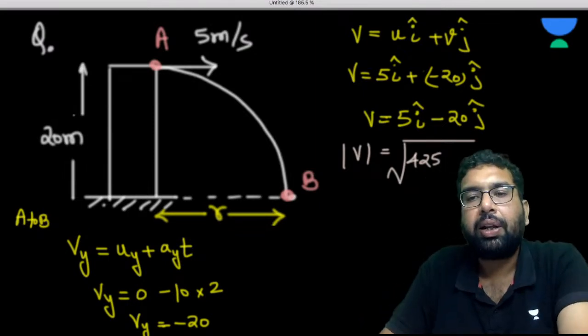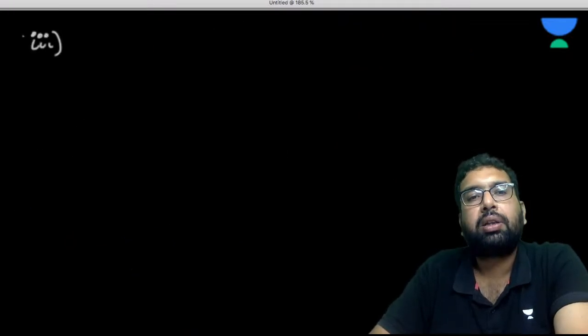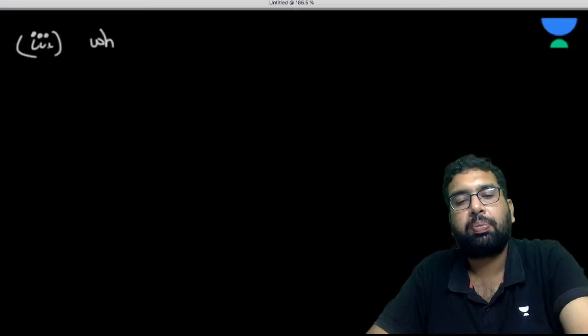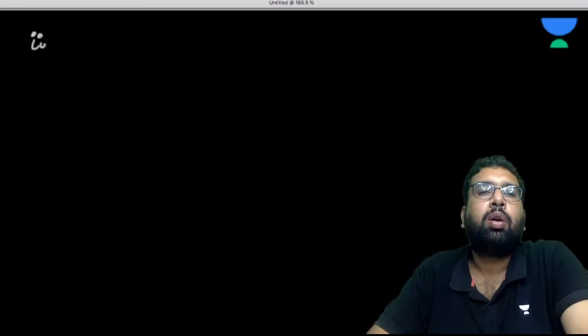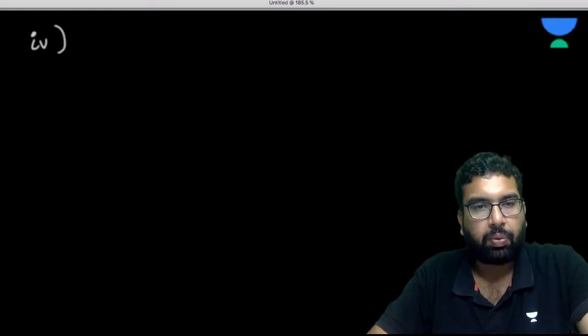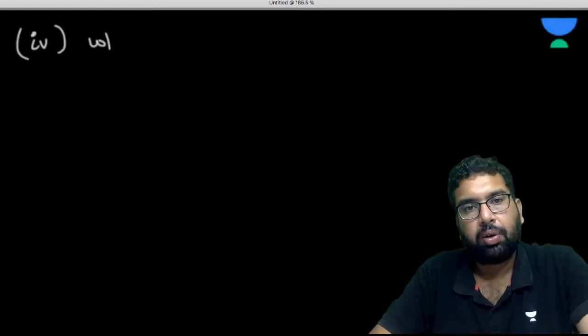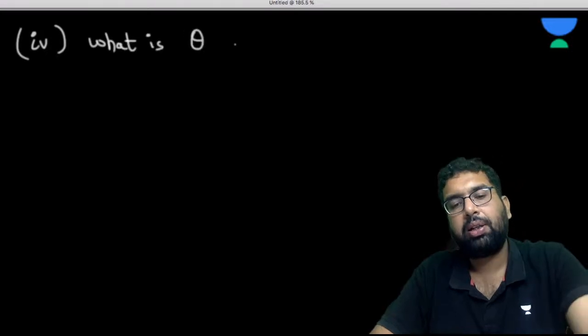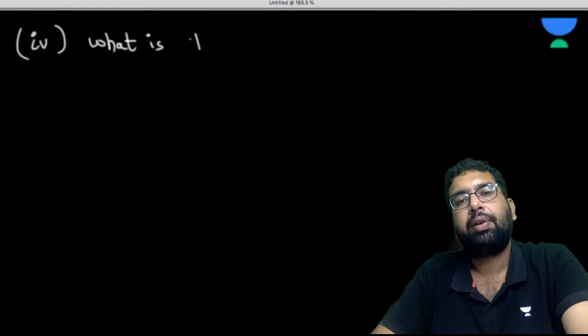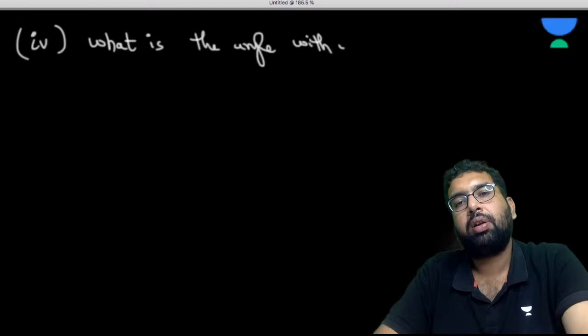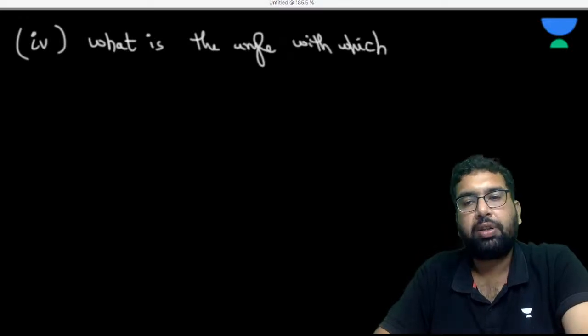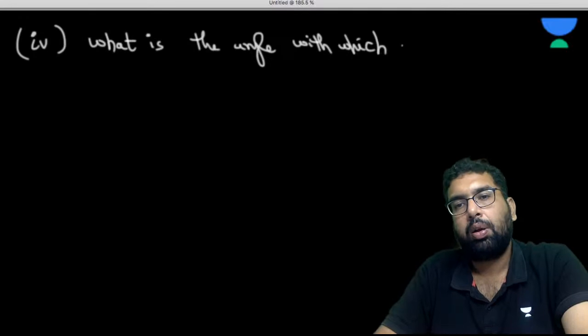Now in this very case, suppose it is also asked what is the angle theta, that is, the angle with which the ball strikes the ground.